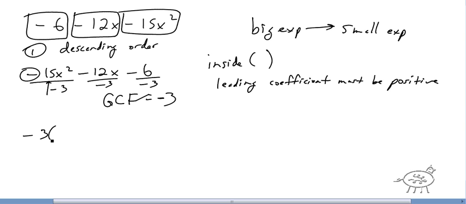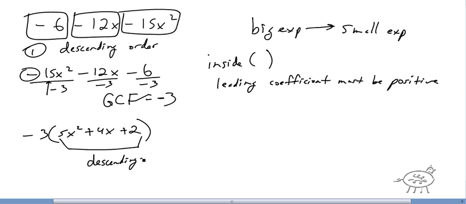So negative 3 goes on the outside, and then on the inside is positive 5x squared plus 4x plus 2. All right, so if you notice what's going on here now, this is in descending order. And the 5 right there is positive.